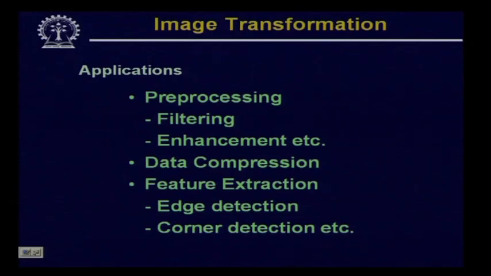So, these are some of the applications where image transformation techniques can be used. Apparently, by image transformation I just transform an original image to another image, and by inverse transformation that transformed image can be retransformed to the original image. Here I have cited only a few of the applications. We will see later that the applications of these image transformations are much more than what I have listed here.